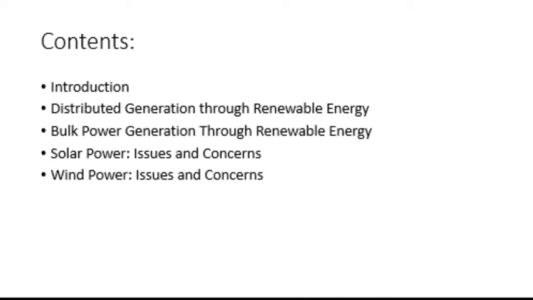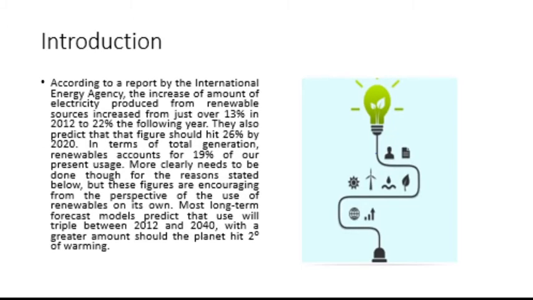Going ahead, first of all, we will discuss the number data of a particular renewable energy. As you can see from a pictorial view, we want energy not from coal, not from nuclear, not from hydro, but from solar, wind, and biomass.